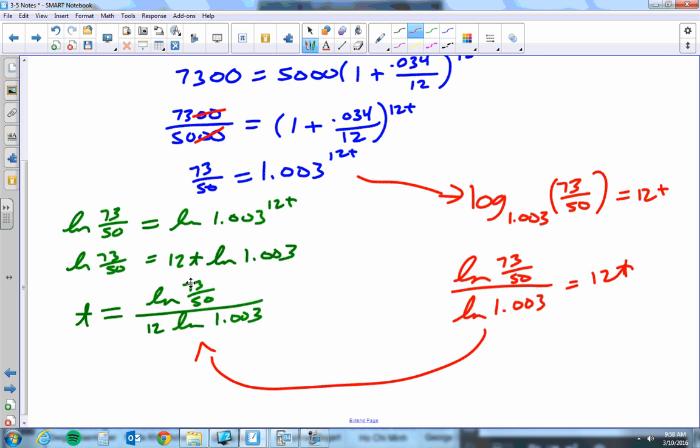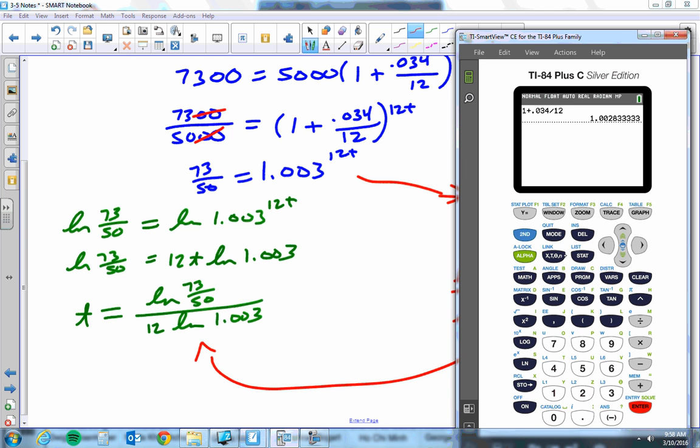Now we need to get this typed in correctly. So numerator, it's easy enough. Just make sure you close parentheses. Divided by, now the denominator needs parentheses around it because it's two factors. So parentheses, 12, natural log of, okay, it better still be there.